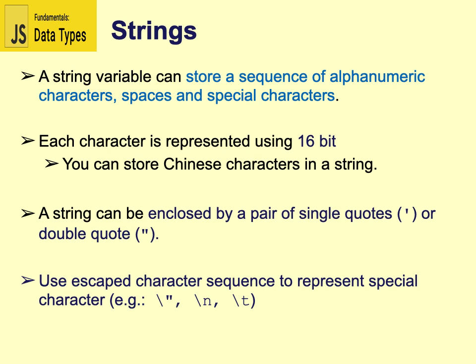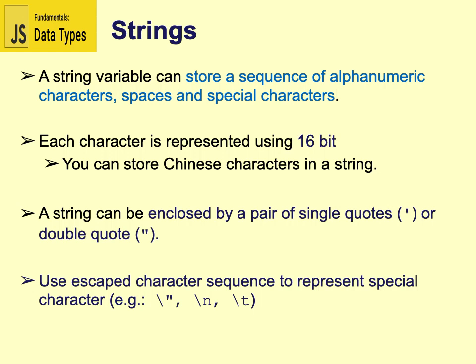Now use an escaped character sequence to represent special characters like quotation mark, new line, tab, etc. So the quotation mark has a special meaning. We are enclosing a string value in single quotes or double quotes.